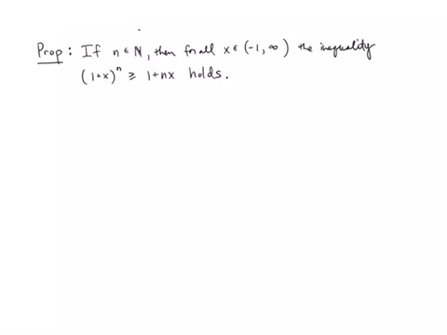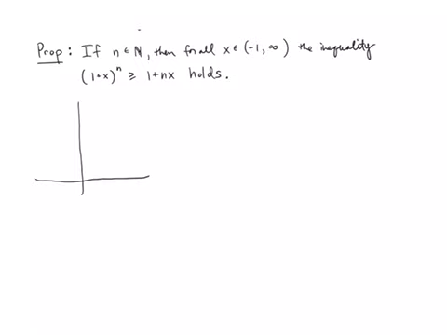What this proposition is saying is something that you might think of more naturally in the context of calculus. (1 plus x) to the n is just the graph of x to the n shifted to the left by 1.